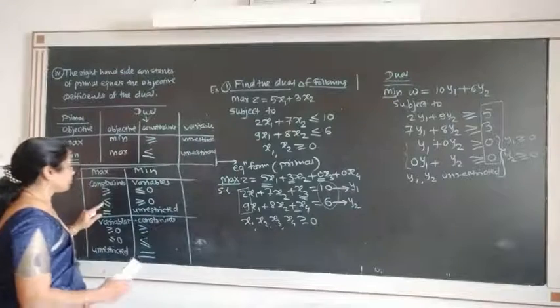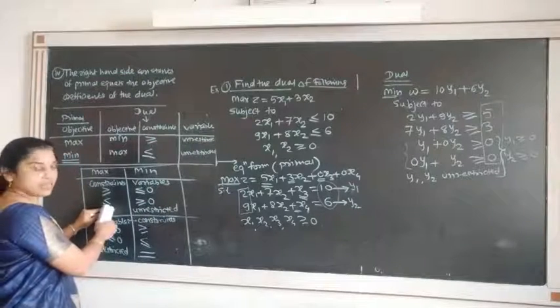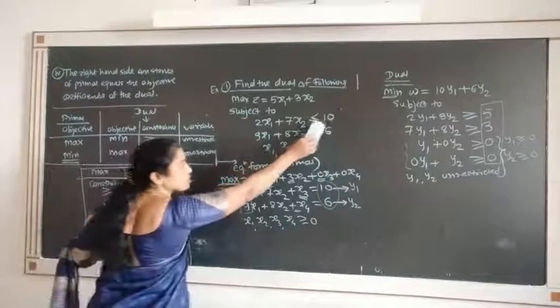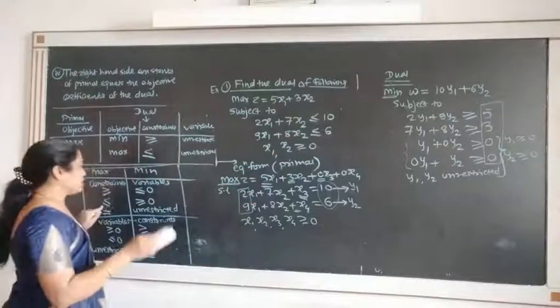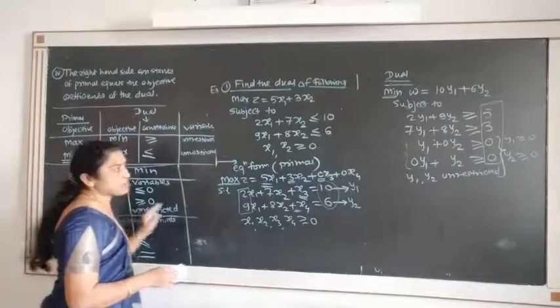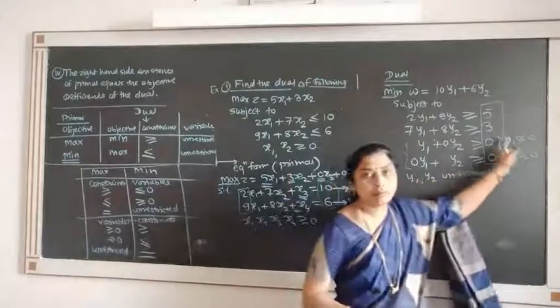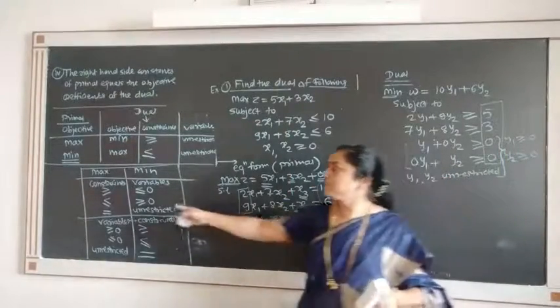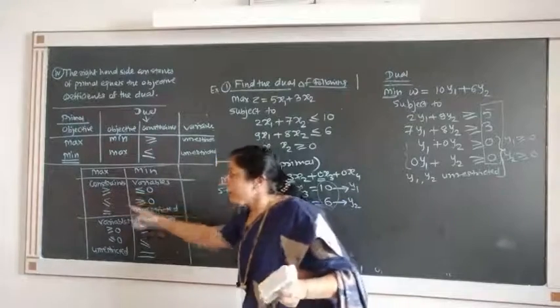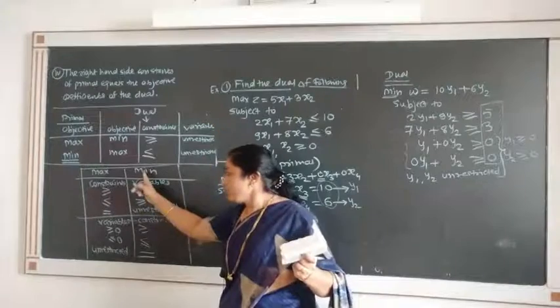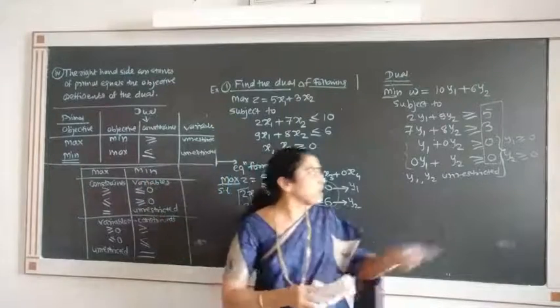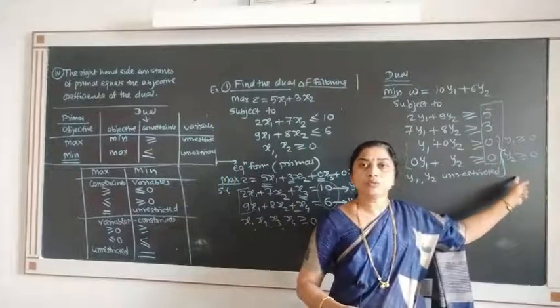Now because the constraints are less than or equal to, if you consider this constraint in maximization, they are less than or equal to constraints, which implies that these variables should be greater than or equal to 0. So you can see the tables. In maximization, because the constraint is less than or equal to, in minimization the variables are greater than or equal to 0.